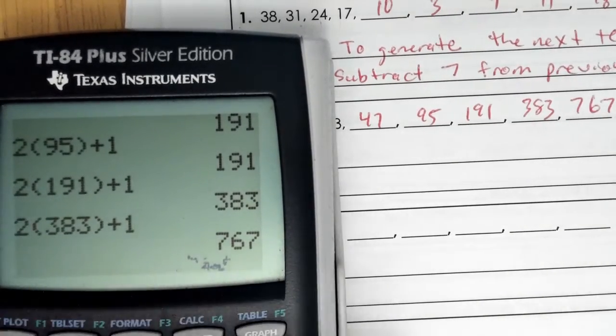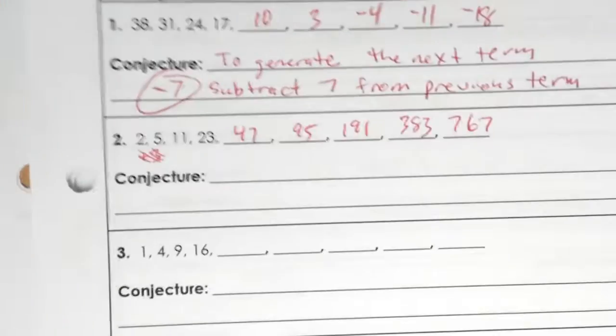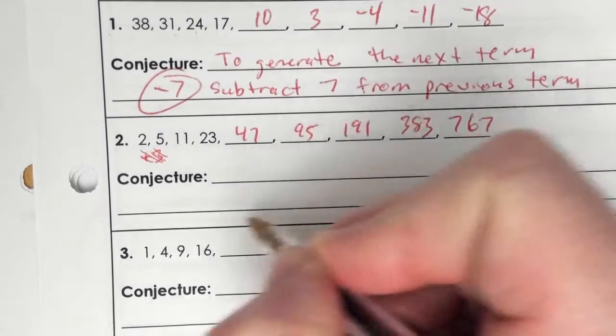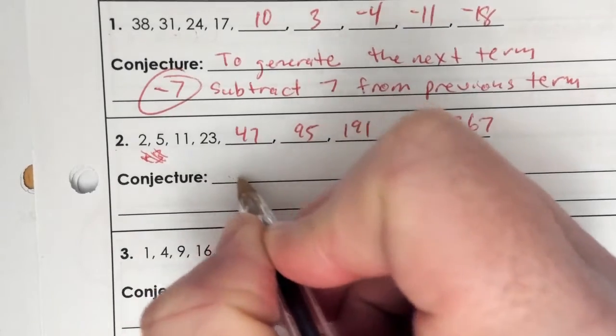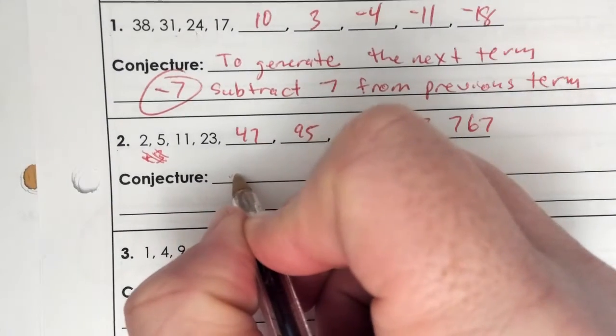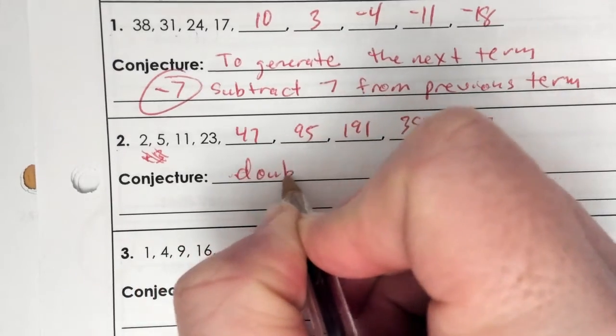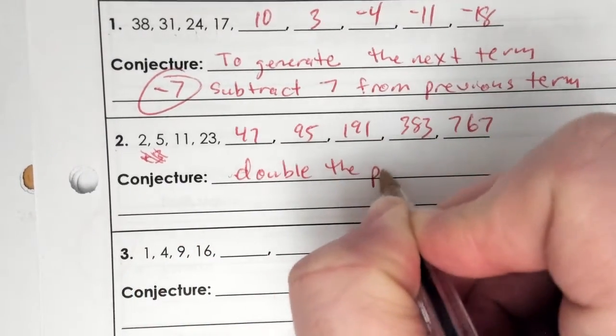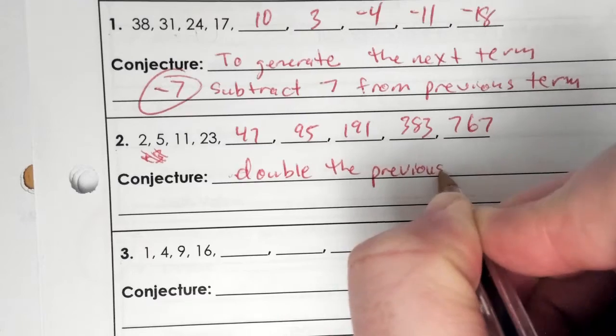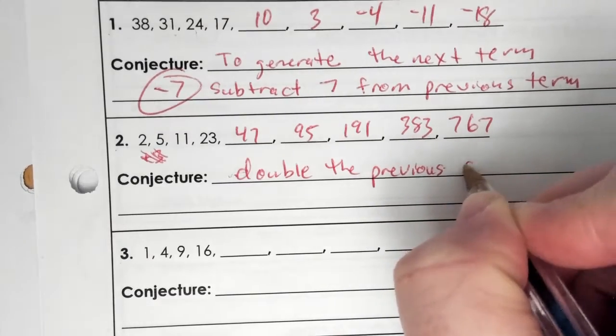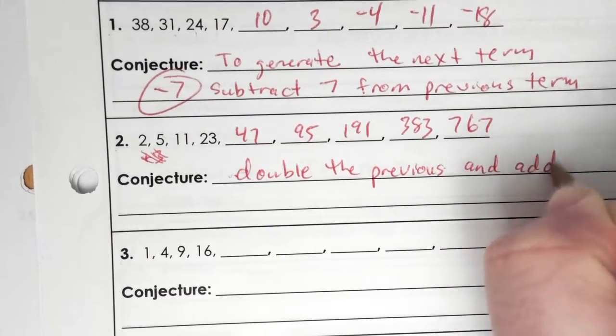All right. So now what was our conjecture? What was the pattern that we found? Basically we just double the previous term and add 1.